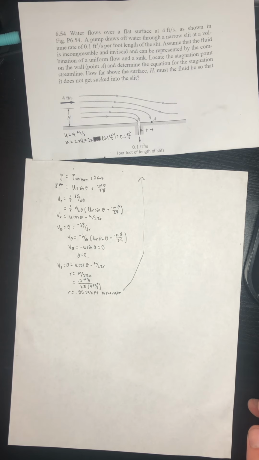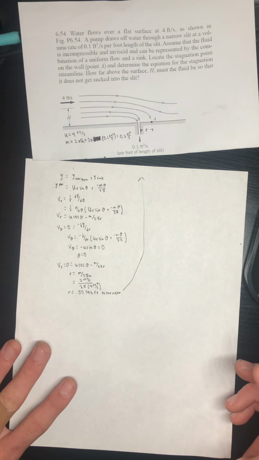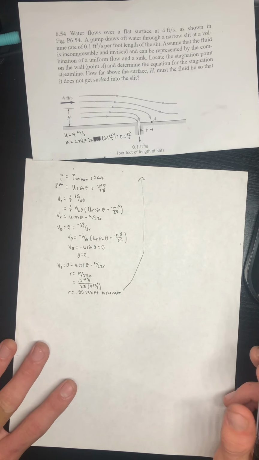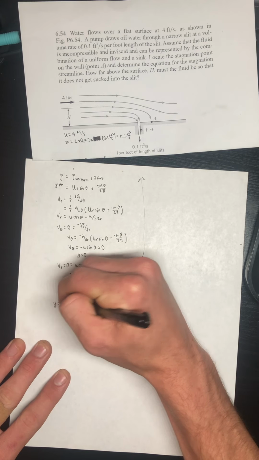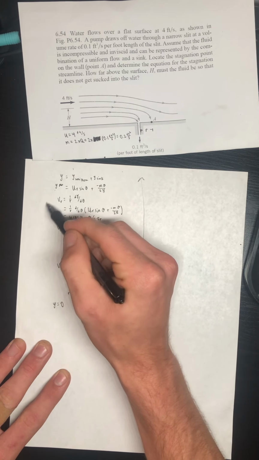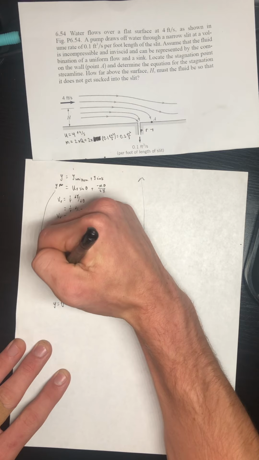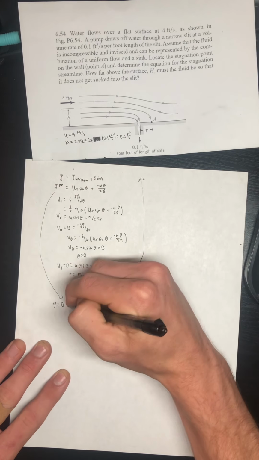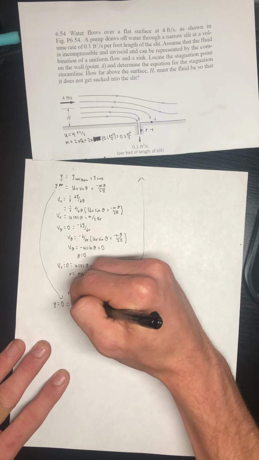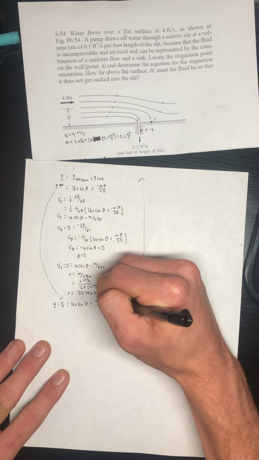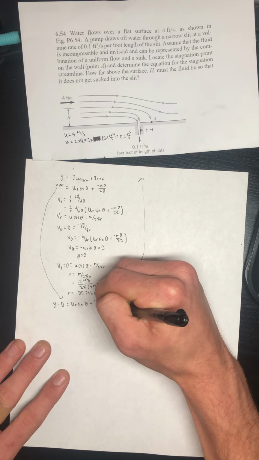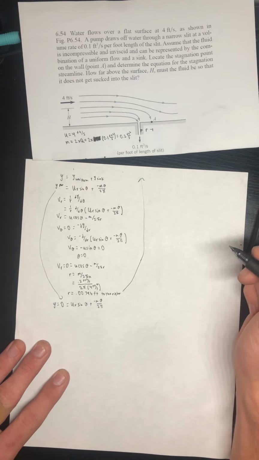We're going to go ahead and find our equation for the streamline function at the stagnation point. So what we know at the stagnation point is that psi is equal to 0. So we can set psi equal to 0 and go back to this equation. 0 is equal to U R sine theta plus negative m theta over 2 pi.